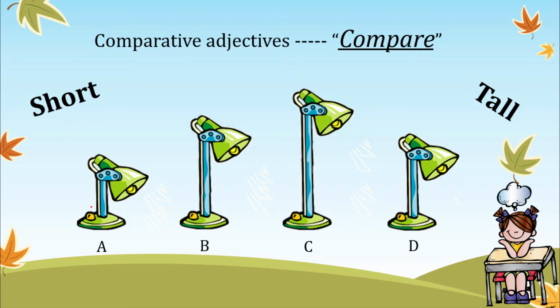Okay, so I could say, for example, lamp A is shorter than lamp B, or lamp C is taller than lamp B. Or I could also say lamp C is taller than lamp D. Now, short and tall are adjectives, and I have just used them to compare between these lamps.